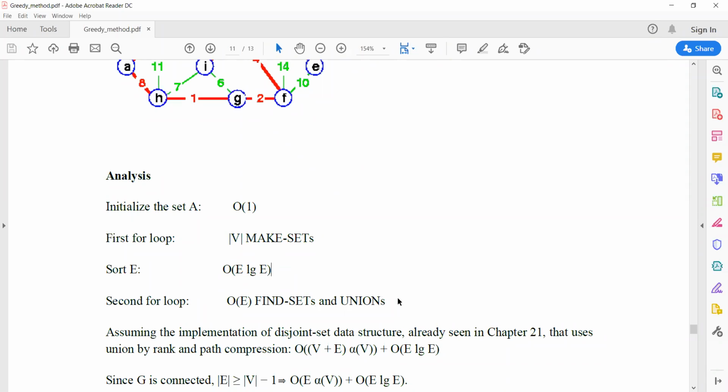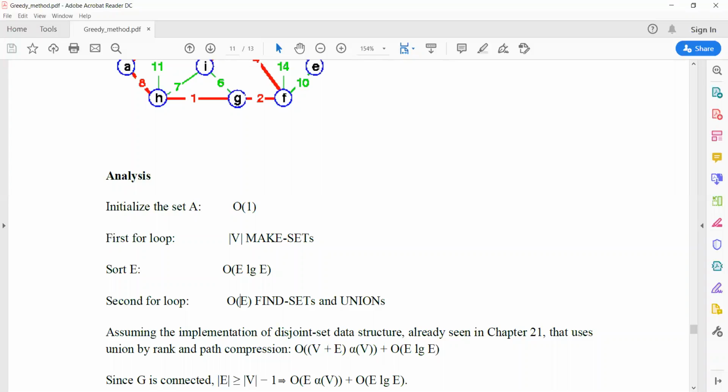As find set and union is a searching of the set, this is linear, so that becomes order of E. So you can consider E log E plus order of E.